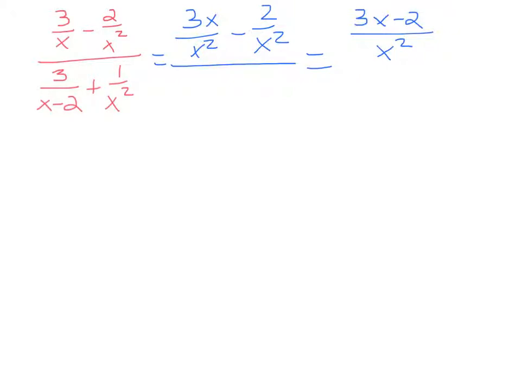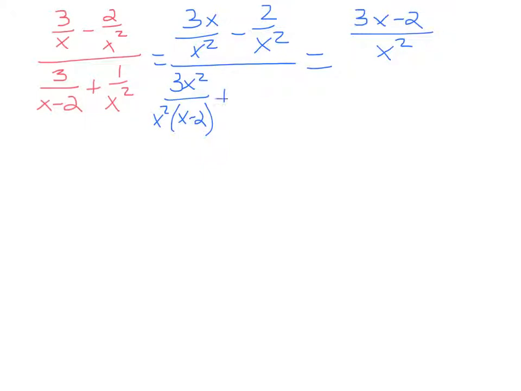And that means we're going to multiply this first fraction by x squared and have 3x squared over x squared times x minus 2. And we're going to have to multiply the second fraction by x minus 2.